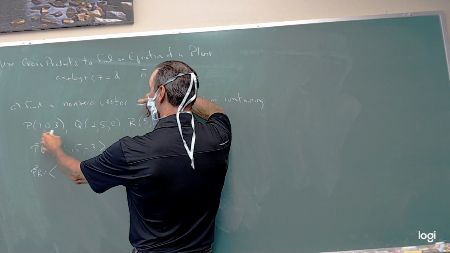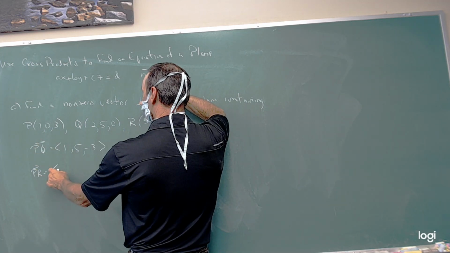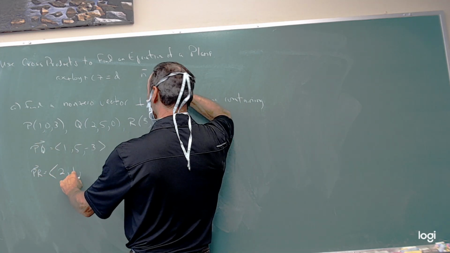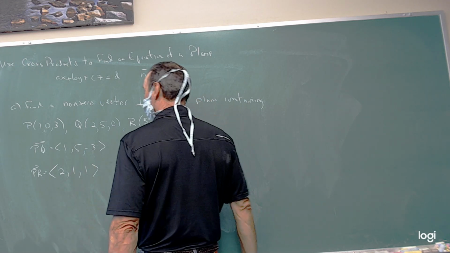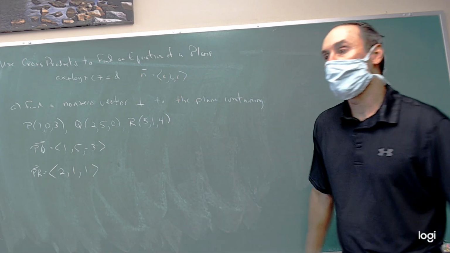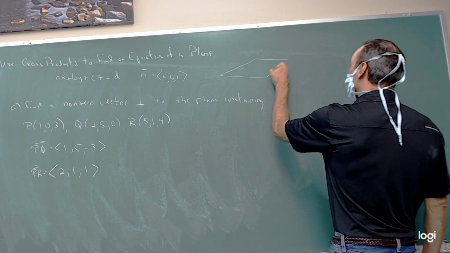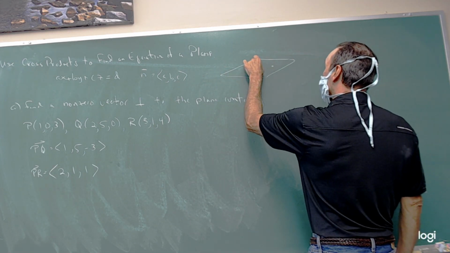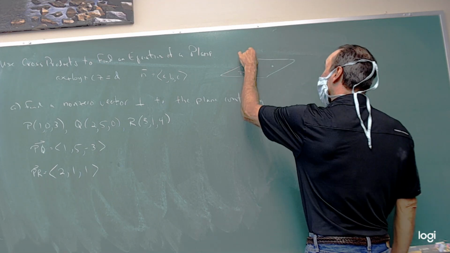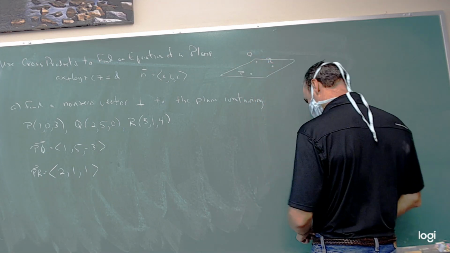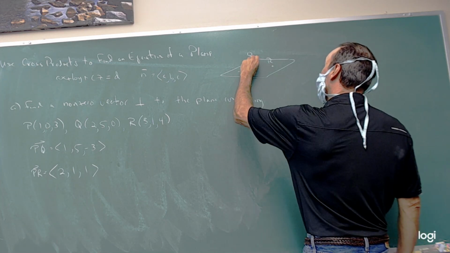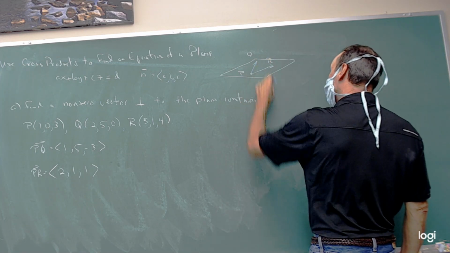And PR is going to be (2, 1, 1). Okay, so now we have PQ and PR. So visually, we've got this plane that's containing these 3 points. We've got P, Q, and R. So we've got a vector PQ and another vector PR.